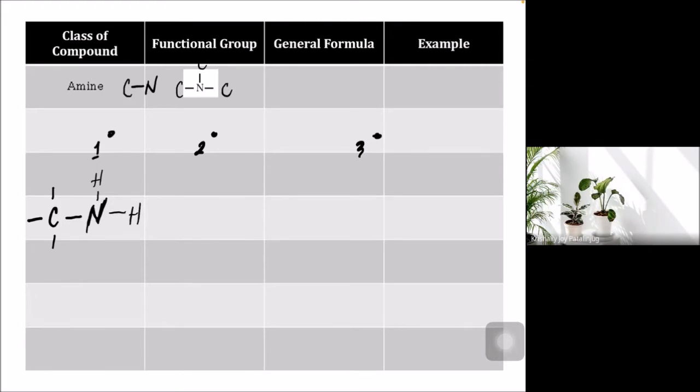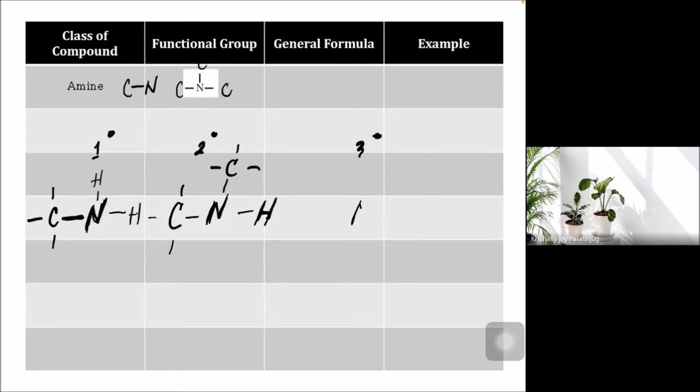If the central nitrogen of the amine has one carbon directly attached to it, that is a primary amine. If the central nitrogen has two carbons attached to it and one directly attached hydrogen, then that is a secondary amine.